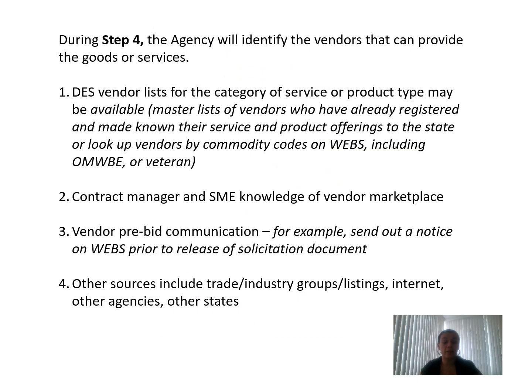So during this step 4, the agency, as it sounds, will identify the vendors that will provide the goods and the services. So the vendor list will be by category of service. You will have a vendor list for each category of service or product that will be available. Most of the time, companies have a system where they have a vendors master list.